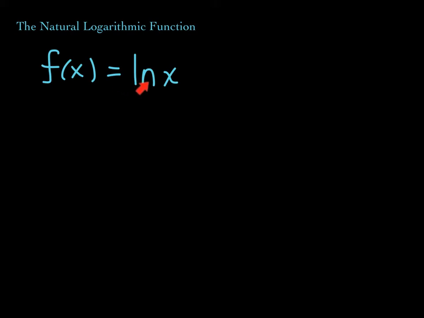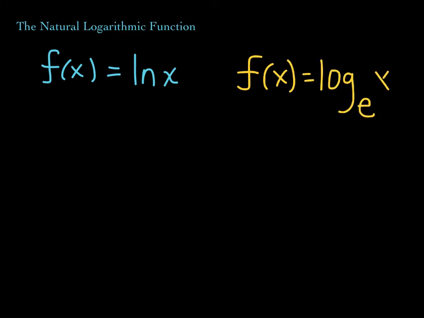It's ln of x, ln of x. This ln here, this is very important, means log base e, and then x is your argument. In other words, this function really means the following: log base e of x.